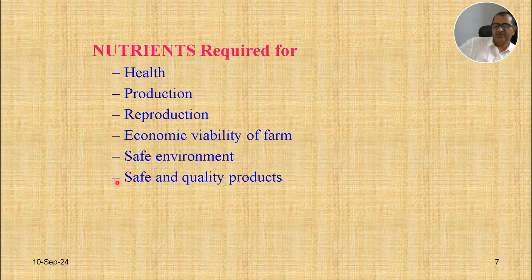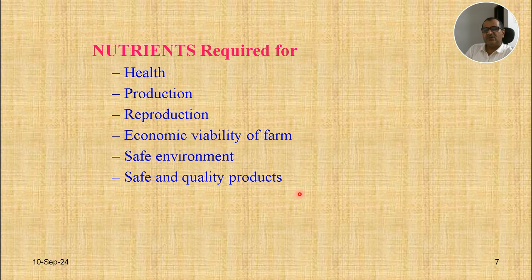Whereas the safety and quality of the products is also another criterion. For example, the meat quality: if the nutrition is very proper, then the meat quality will be very high. At the same time, the milk quality: suppose the nutrients are not properly given to a cow, low SNF and low fat syndrome and Downer's cow syndrome and many more diseases will be there.